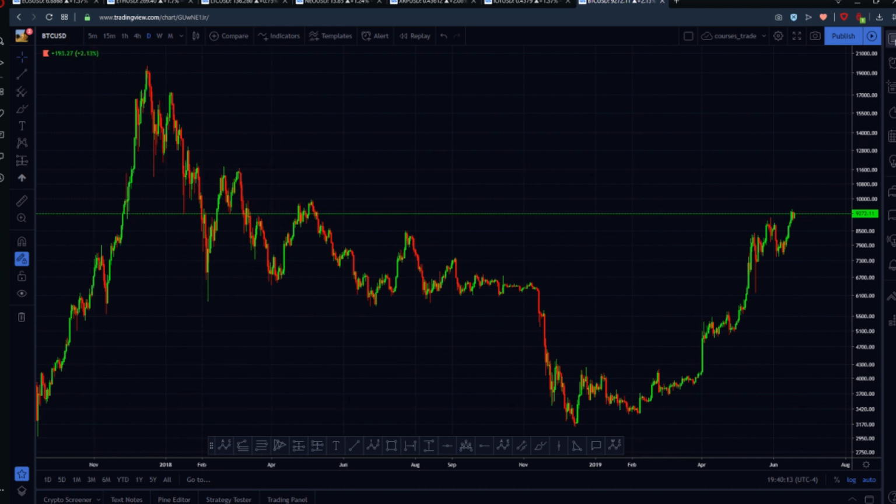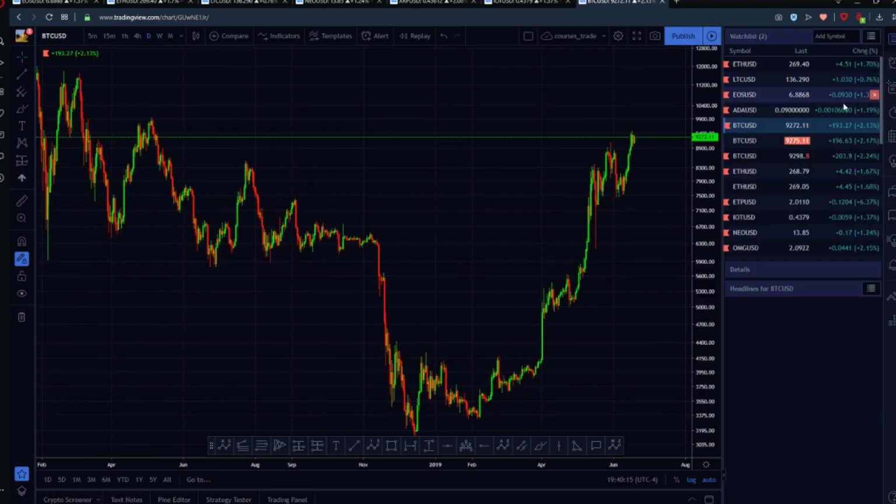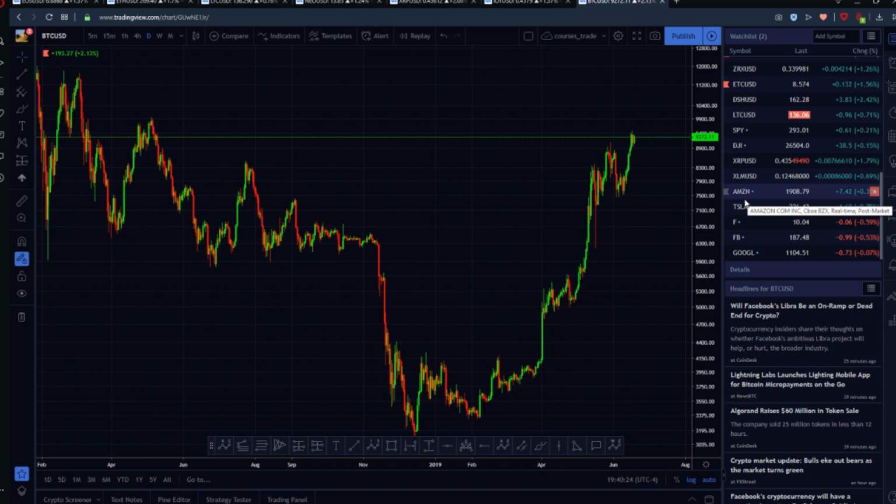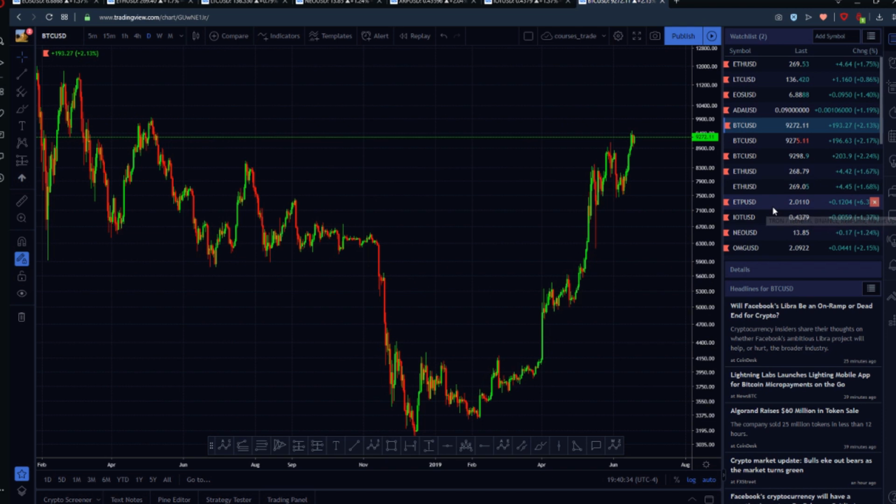Now I'm gonna show you my pairs. These are my pairs, and forget about anything that is not cryptocurrency for now. But at some point in the class I'm gonna use examples from stocks, for a very interesting reason, and you're gonna like it. It's not the first time I am teaching this, as a matter of fact.